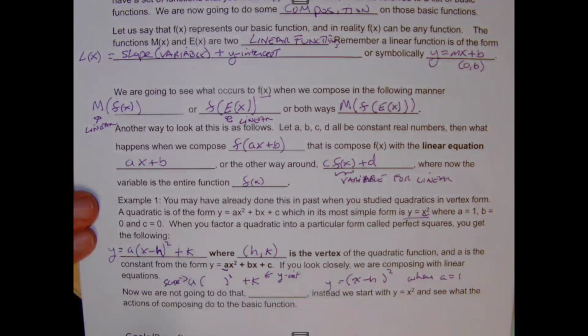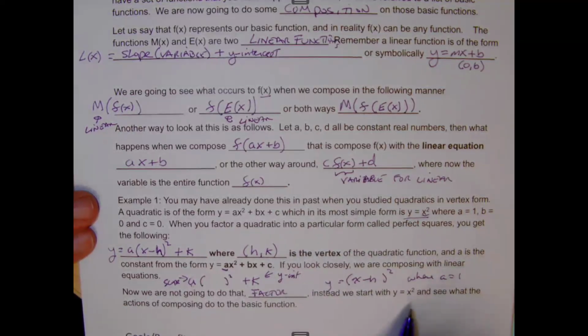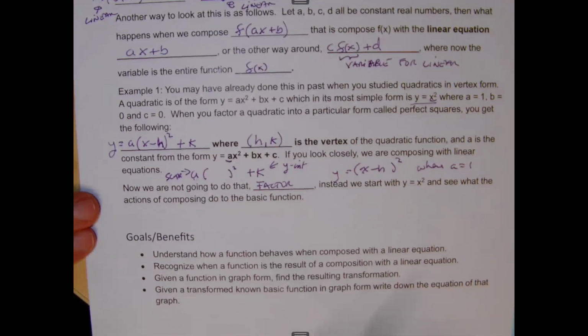And again, you've sort of been exposed to this. We're not going to factor to get it into that form. Instead, we're going to start with y equals x squared and see what the actions of composing do to the basic function. So the goals and benefits are this.